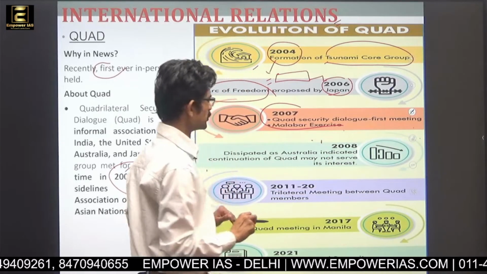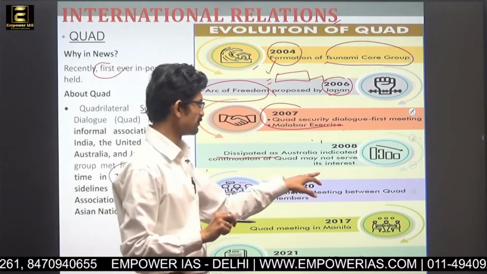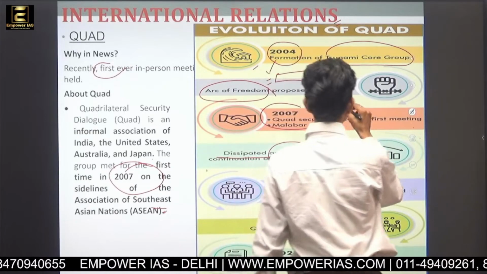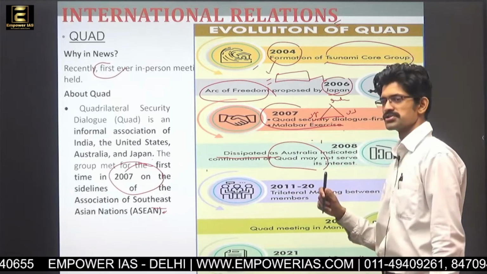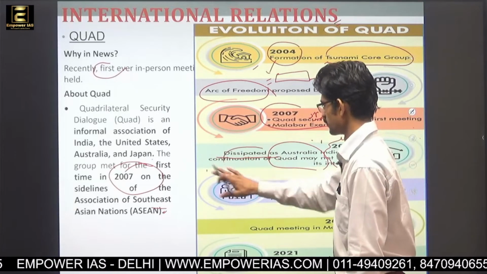Then in 2008, Australia was added as a member of Quad. So earlier it was a triangular group, India, US and Japan. The joining of Australia led to the creation of a quadrilateral group with 4 members.